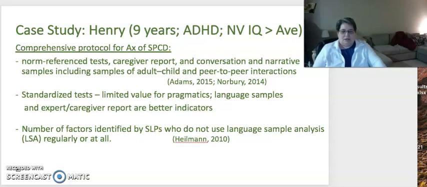And some of the things that they said, for those that didn't regularly use it or didn't use it at all, were that it was difficult to learn, it was time consuming, inaccurate and unreliable, must have advanced knowledge of linguistics to interpret it, and no time to record and transcribe language samples, so they scribe live and consider that it's good enough. And some collect language samples wherever they can because, on the flip side, they think language sample analysis is the answer to everything, which, of course, isn't the case either.